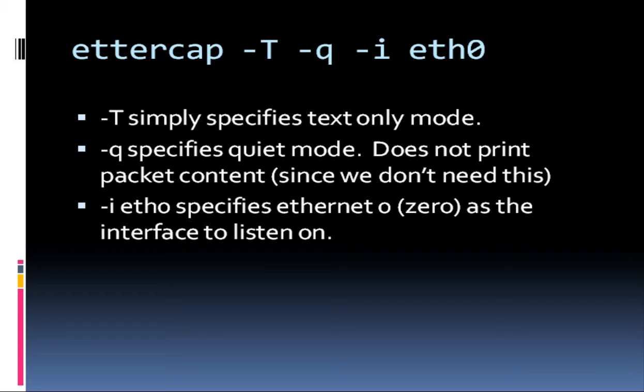We don't need packet content because we're getting everything we need on the other side here. And then we have the -i option, which specifies the interface. If you're using Ethernet 1 on your Linux box, you'd specify eth1, and so forth. In my case, when I did the video, I'm using eth0 as my network card, so I specified eth0 as my interface with the -i option.